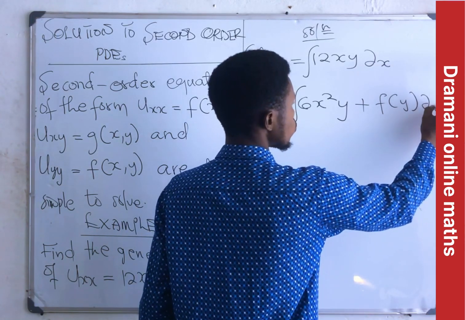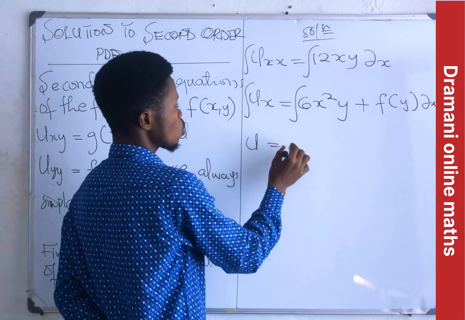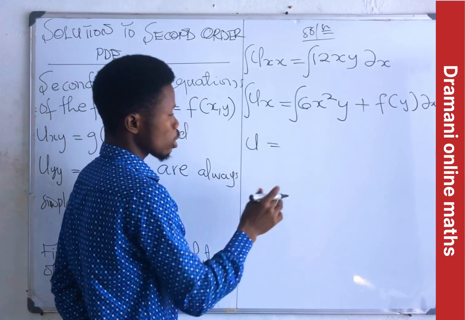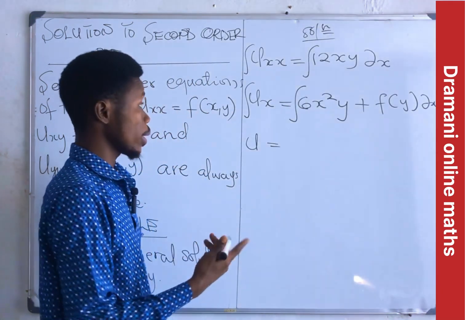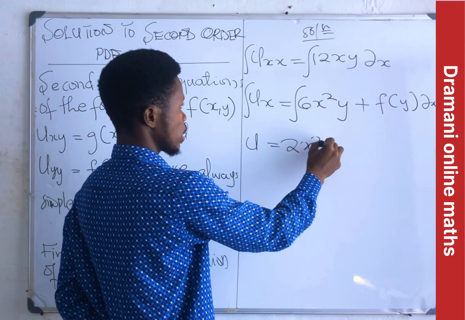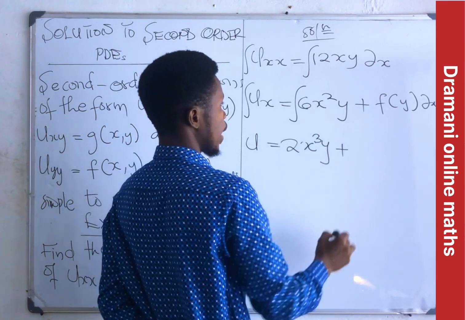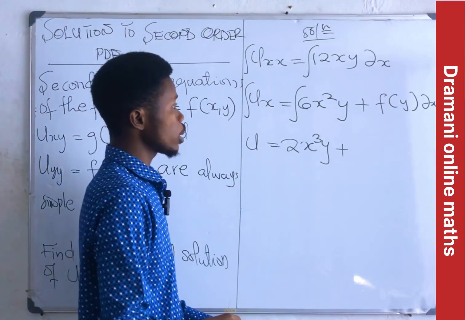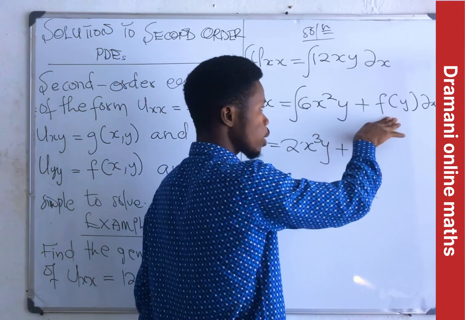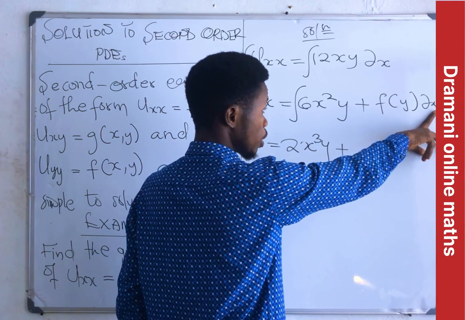still with respect to x, because we have x here. So this gives us u equals, now this one with respect to x. If I integrate x squared, I get x cubed over 3. 3 going into 6, 2 times, so I have 2x cubed y, plus, remember, we are integrating with respect to x.